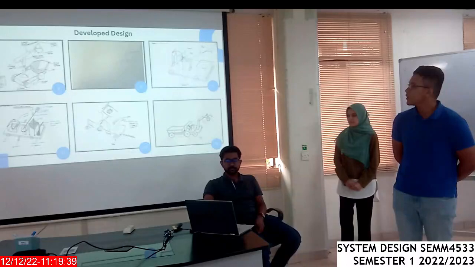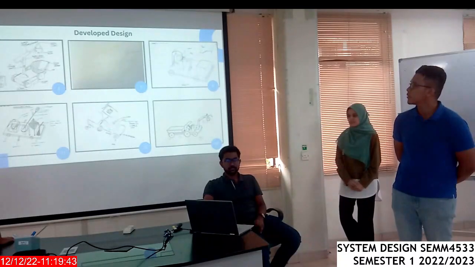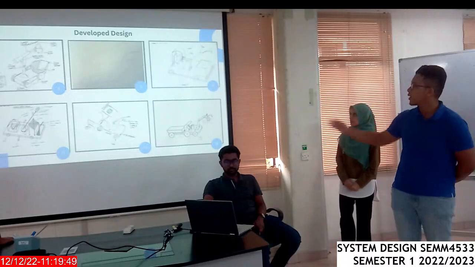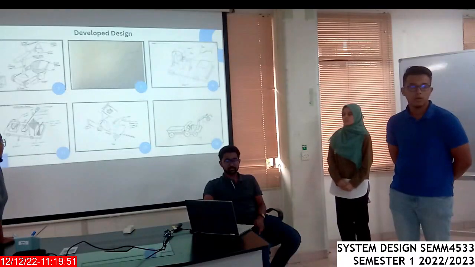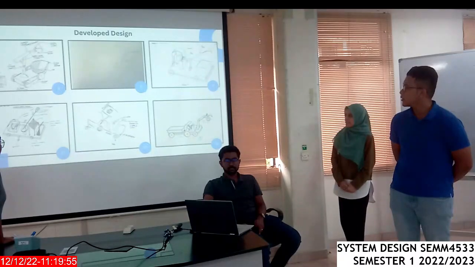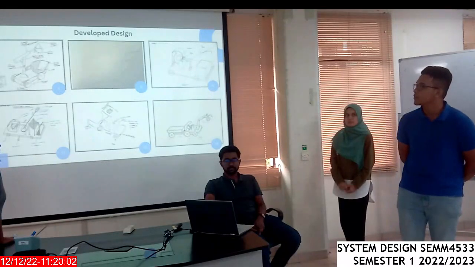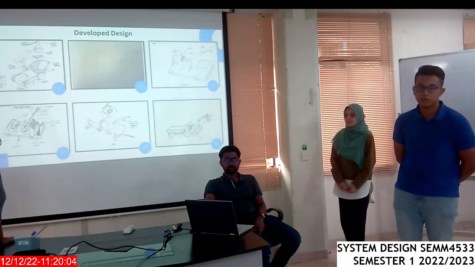As you can see here, we only need to make one design, and there is an additional feature here like a shelter house for economic factors and safety factor. Then after we develop the design, we can do the scoring matrix to evaluate our design.